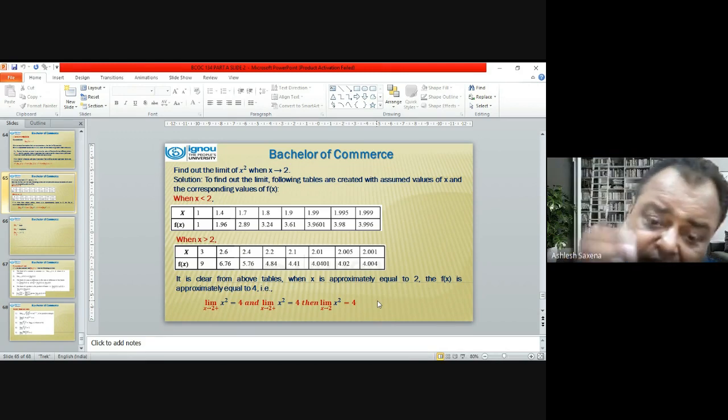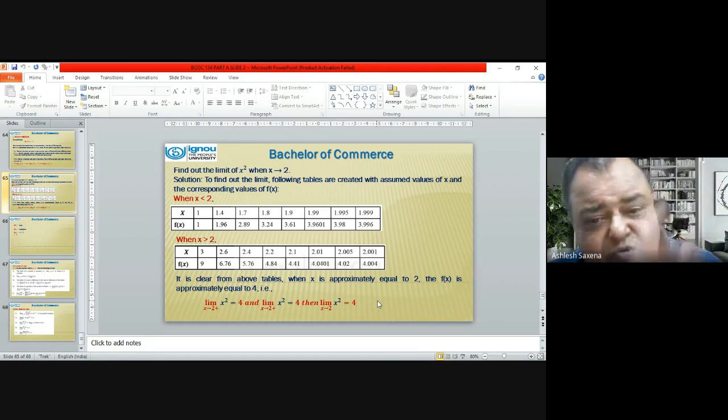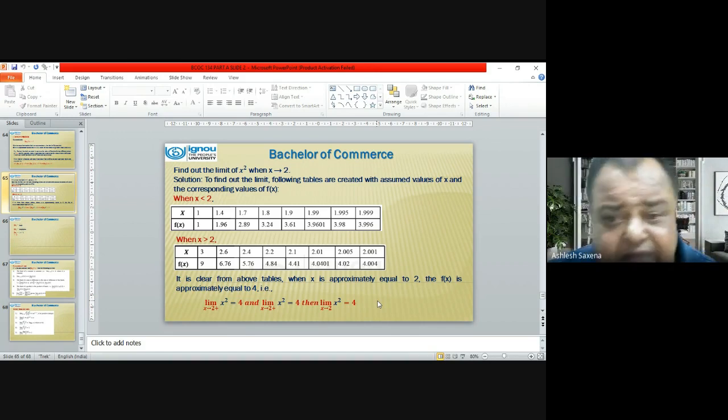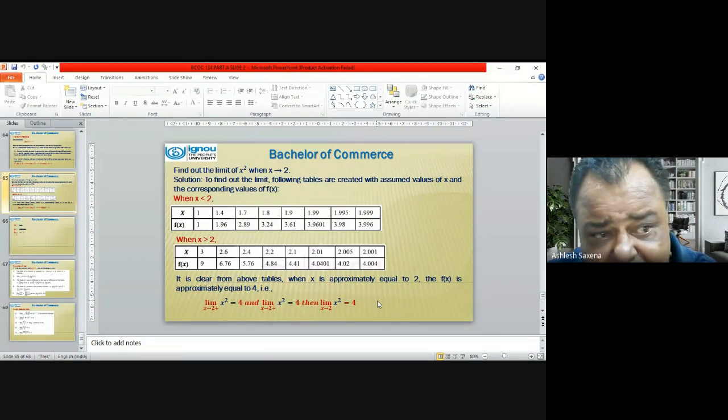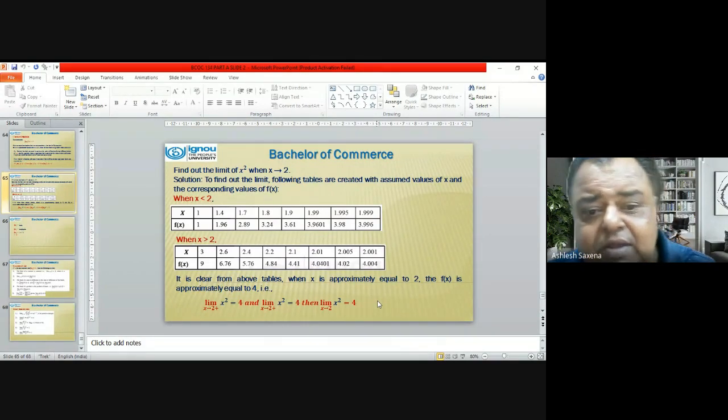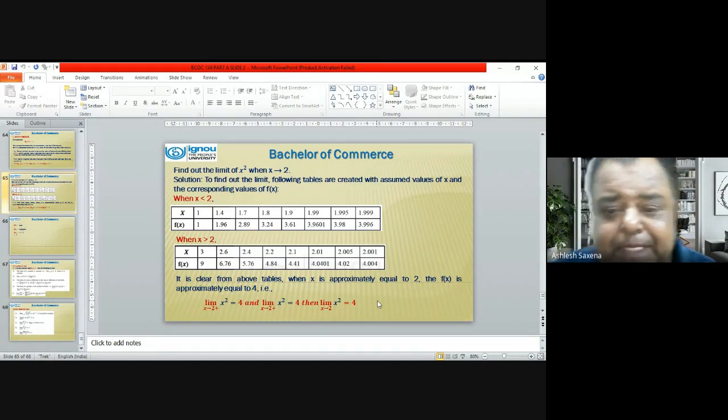When we take values greater than 2, 3, 2.6, 2.4, 2.1, 2.01, 2.005, 2.001, you see that you are getting values down to 4.004. At the other end, you are getting 3.996. That means the limit is equal to 4. Your limit on the left side is 4, and on the right-hand side, it is 4.